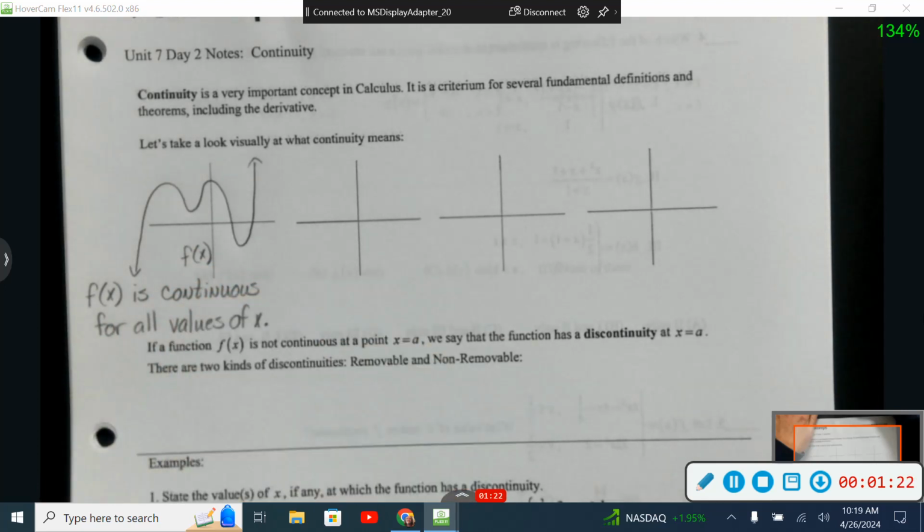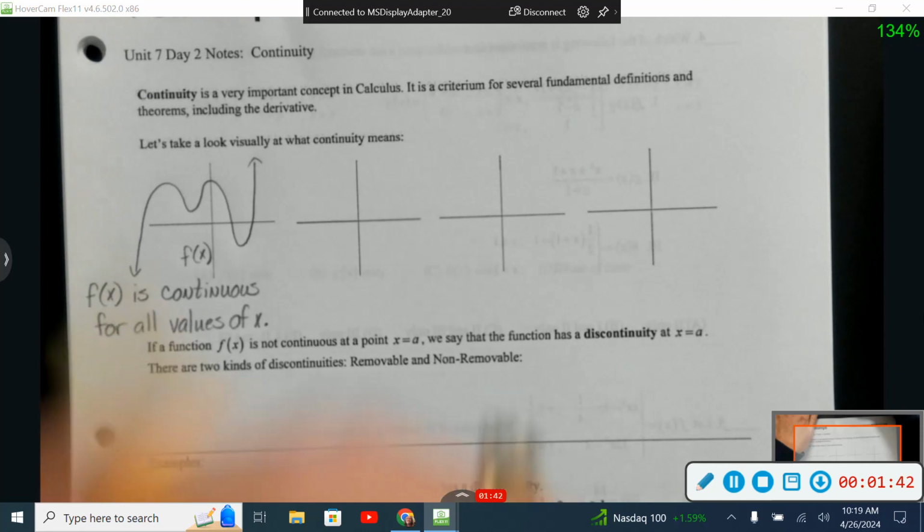Any x value that you choose, whether 1 or 3 or 100 or negative 100, this graph would be continuous. A good way to think of that is if you can draw it without picking up your pencil, the whole graph is going to be continuous.